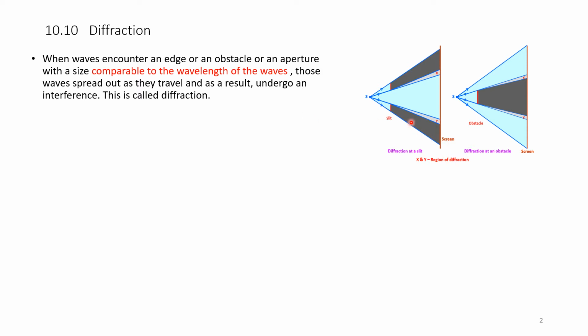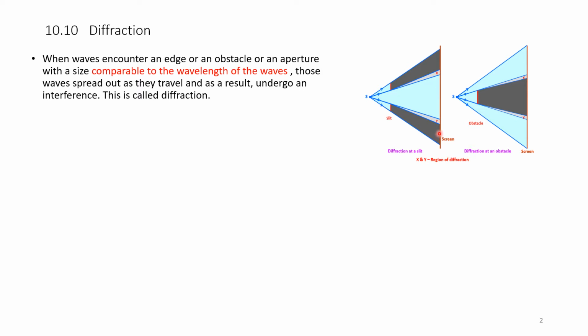Here in this diagram on the left side, S is a source and waves are traveling from S to the screen. In between there is a slit. Light passes through the slit and falls on the screen, but beyond this bright spot there are darker spots.